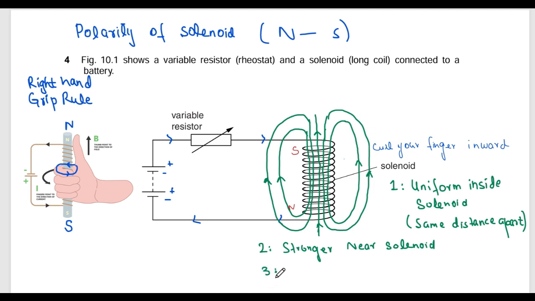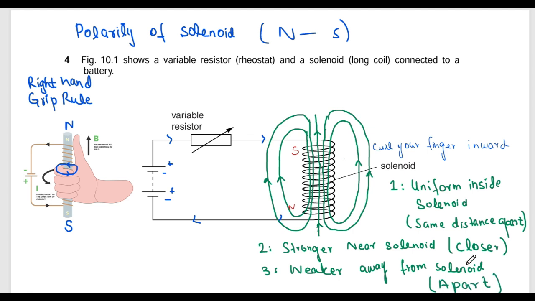And third thing, let me write this as well, that they should be closer near the poles. And when you move away, the magnetic field is weaker, so weaker away from the solenoid. And when you discuss the magnetic field lines, they should be far apart from each other, away from the solenoid.